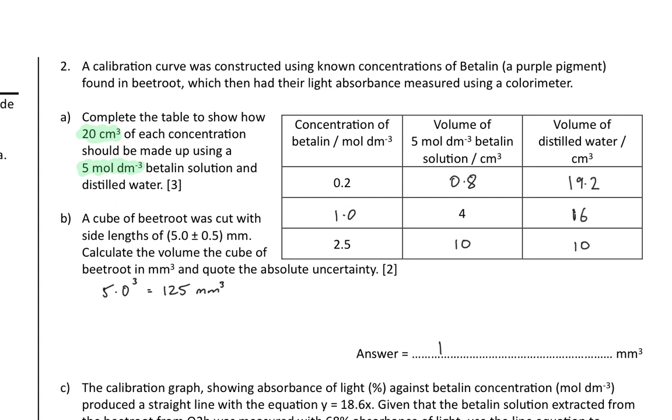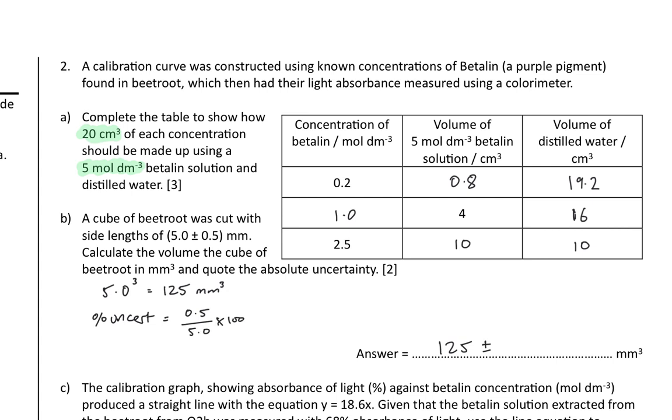So I've got my 125 done, and then I need to get my uncertainty sorted. But I've got 1 mark for doing 5 cubed, as it were. So then we have to do the uncertainty. The first thing we do is work out the percentage uncertainty. It equals 0.5 divided by 5 multiplied by 100.